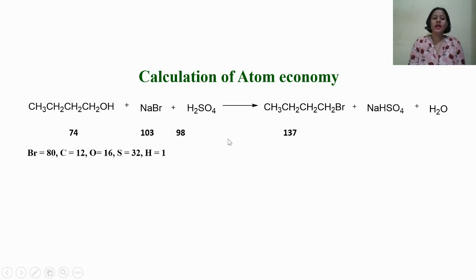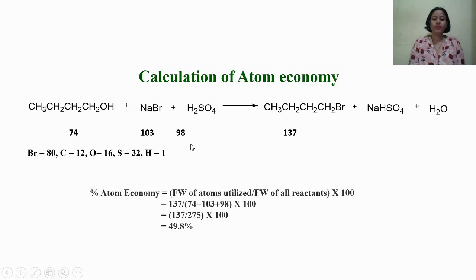To calculate the atom economy, we divide 137 by the total sum of all the reactants, 74, 103 and 98. So atom economy is 137 divided by the formula weight of reactants. Here we get the value 49.8%, the atom economy of this particular reaction.